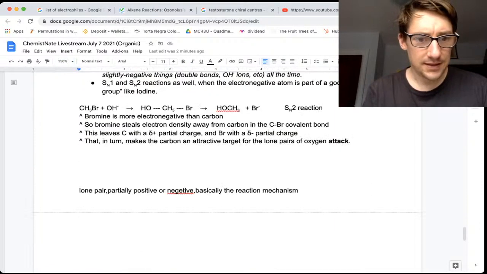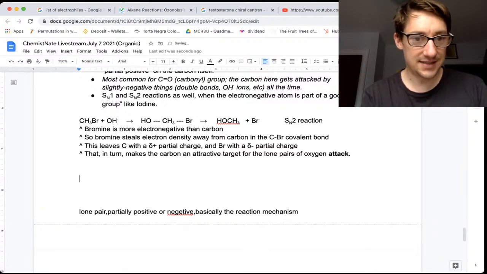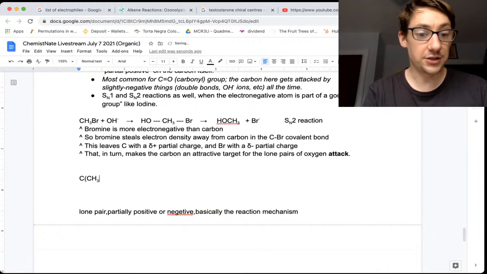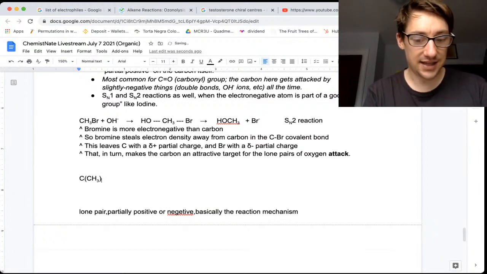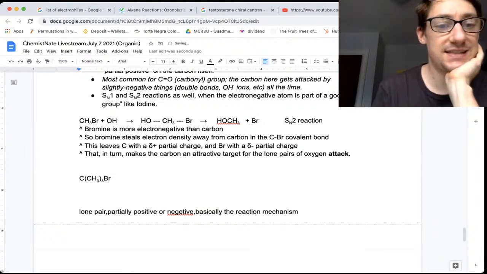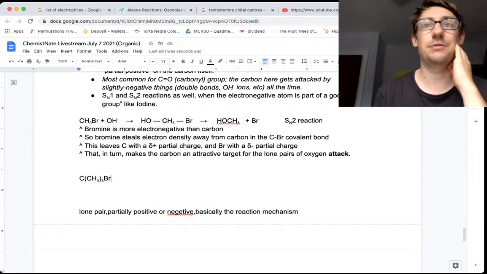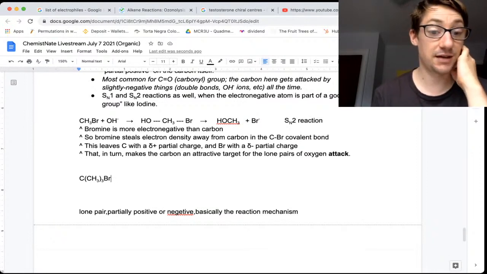There you go. Now, I guess the other thing that I'll mention here is that if you have lots of alkyl groups attached to that carbon, notice the only difference between CH3Br and (CH3)3CBr is that I've replaced each of the hydrogens with a methyl group.